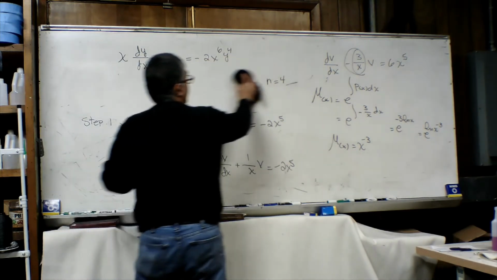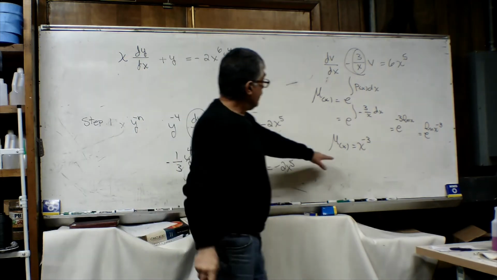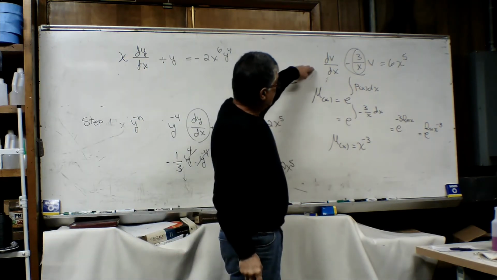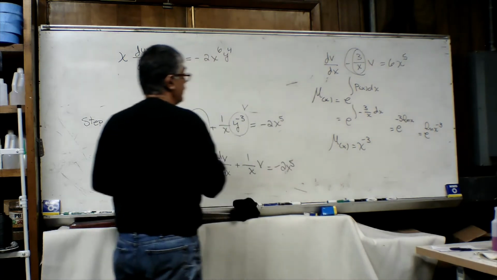So now that we have the integrating factor, we have to multiply both sides of this equation by that integrating factor.